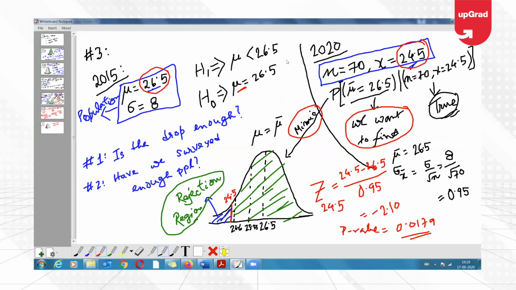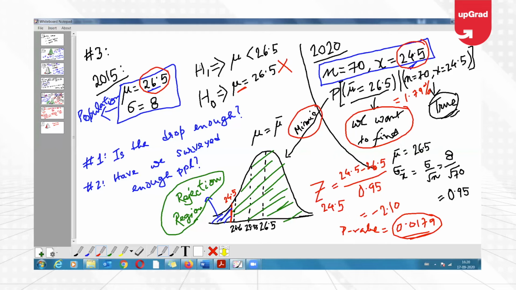My null hypothesis is this, which is rejected, meaning the chance of this statement being true is only 1.79%. Right? This one multiplied by 100 is 1.79.